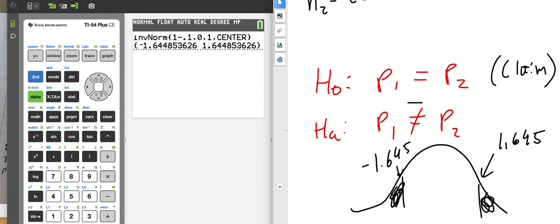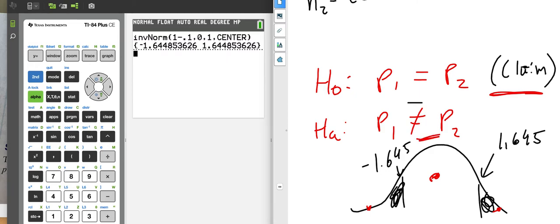So again, just a reminder, if we end up with a z-score, or a standardized test statistic in this area, okay, we're going to fail to reject. If we're over here, we're going to reject. If we reject, that means we don't think that these are equal. Okay? If we fail to reject, well, then it's looking like they might be equal.